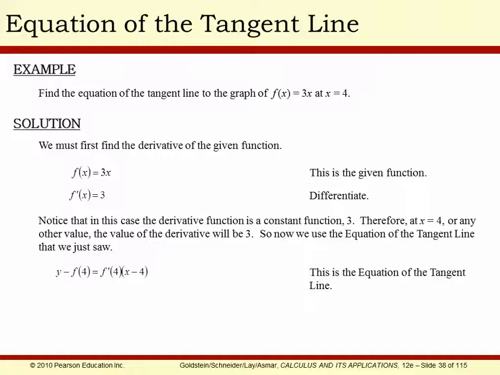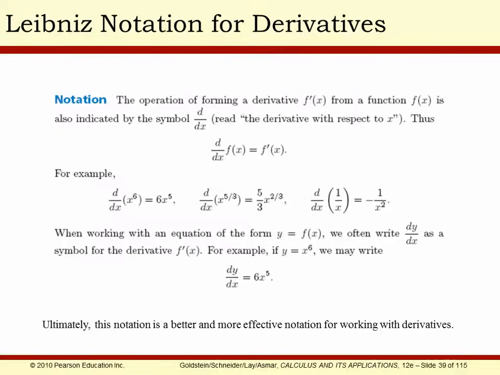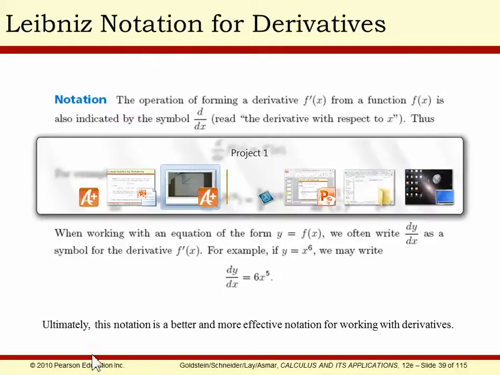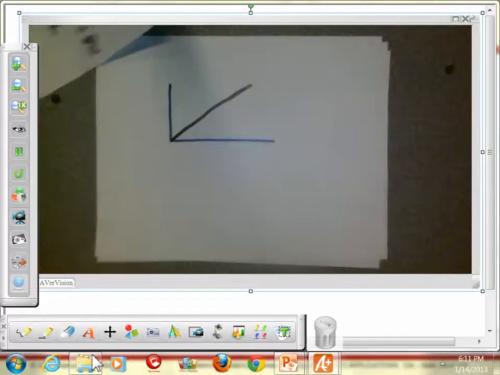So, find the equation. We just did that one. Okay, I want to do one more example that is going to be a little bit more involved before we go into another notation for the derivative, which is what we're going to do next.